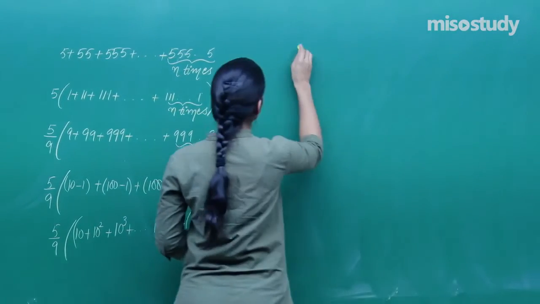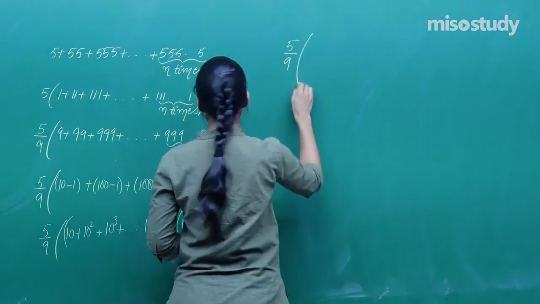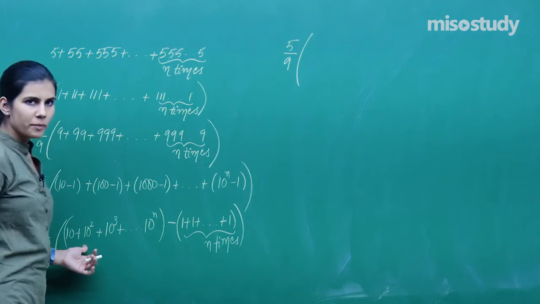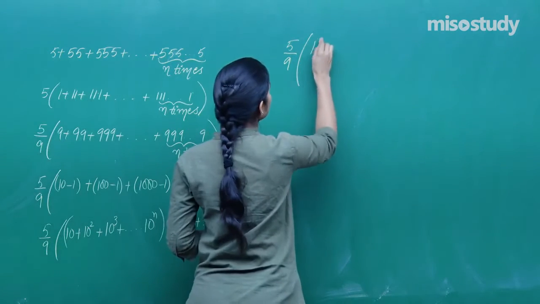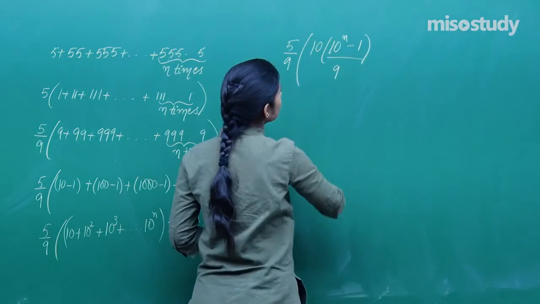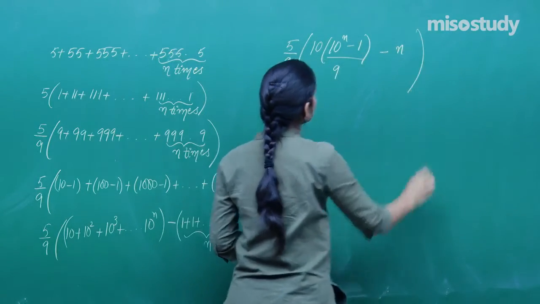Next, 5 by 9 is already there outside. If you focus over here, this is a GP with first term 10 and common ratio 10. So your answer will be 10 to the power n minus 1 upon 10 minus 1, minus n.